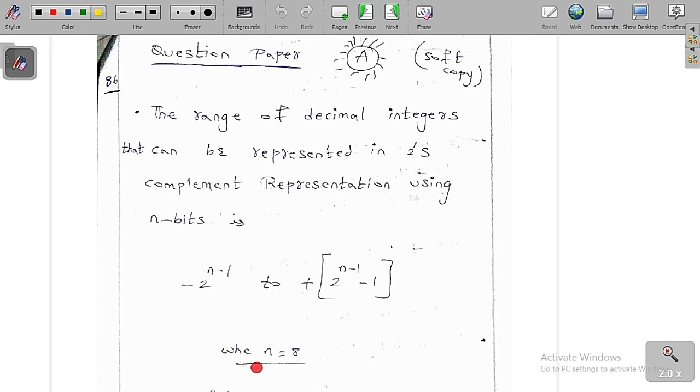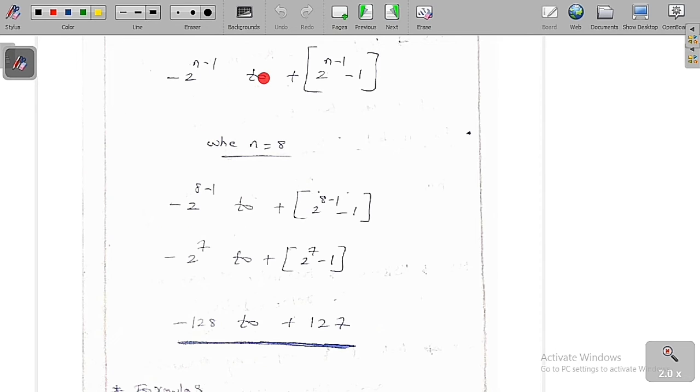In this question they have given n equal to 8. So when n is equal to 8, if you substitute here, you are going to get minus 2 to the power of 8 minus 1 to plus 2 to the power of 8 minus 1, minus 1.